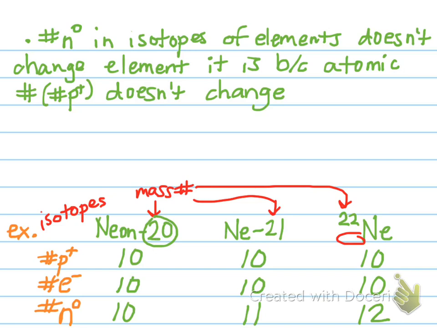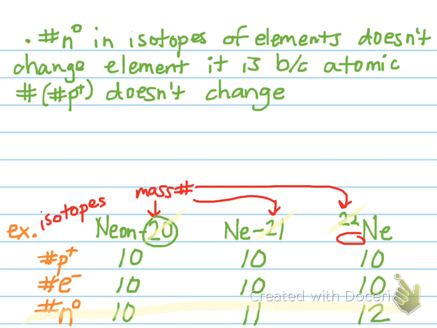But what's different about them is that they have different numbers of neutrons, right? And as a result, they have different mass numbers. So we looked at 3 isotopes and saw that our definition of isotopes is indeed true.